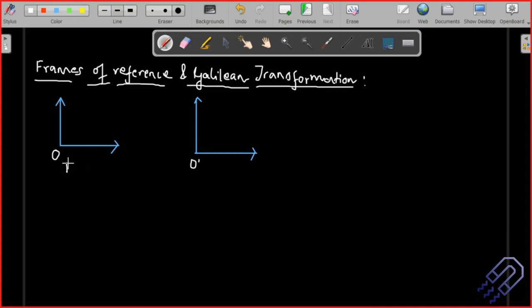Throughout the syllabus we'll try to use this: let's say this is frame S, and this is frame S prime. And this is your x-axis and this is your y-axis.